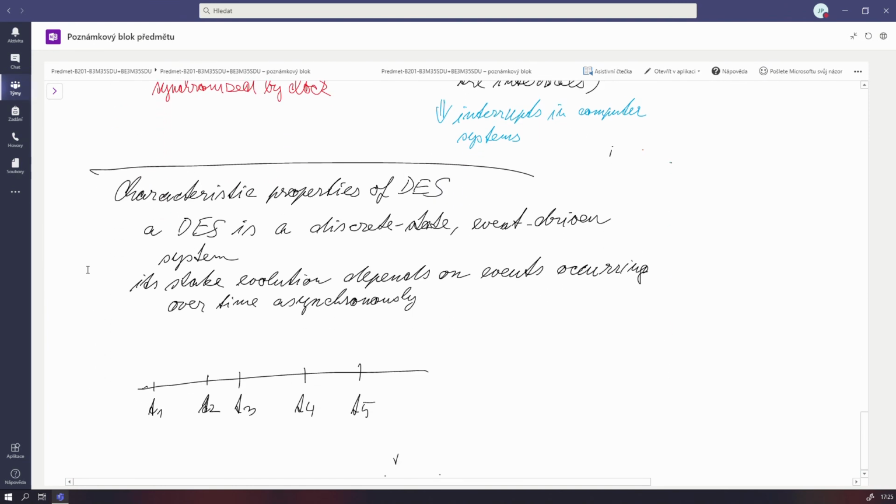And at each time instant, an event occurs. So we have E1, E2, E3, sorry, E4, E5.